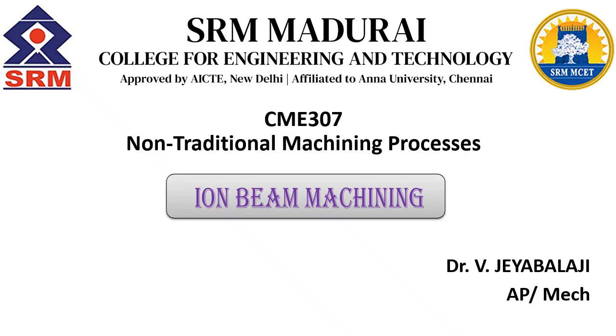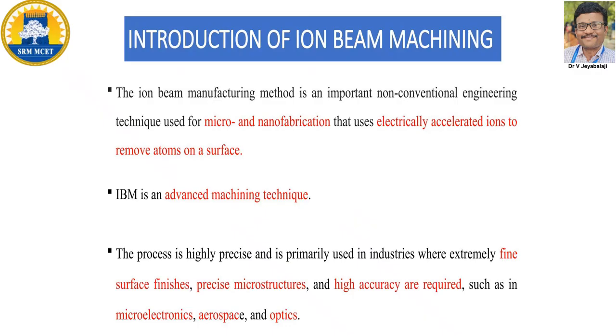So today let us see the ion beam machining process. Introduction to ion beam machining. This method is an important non-conventional engineering technique used for micro and nano fabrications that mainly uses electricity to accelerate ions to remove atoms on the surface.